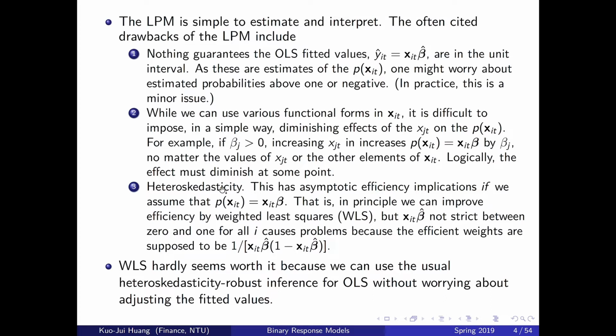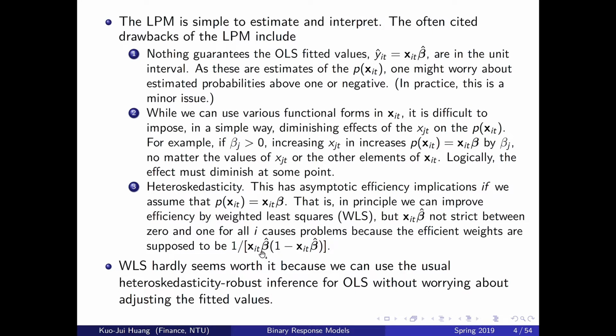The third one is the heteroscedasticity. Sometimes we will want to use weighted least squares to increase our efficiency. The efficient weight of the weighted least squares is equal to 1 over x beta hat times 1 minus x beta hat. However, the x beta hat are not guaranteed to be in the unit interval, so our efficient weights will be larger than 1 or smaller than 0.